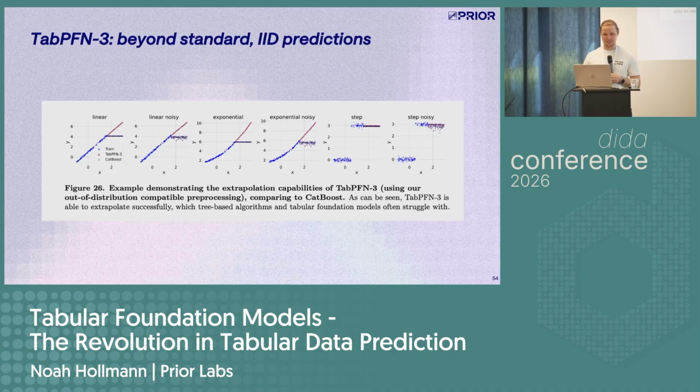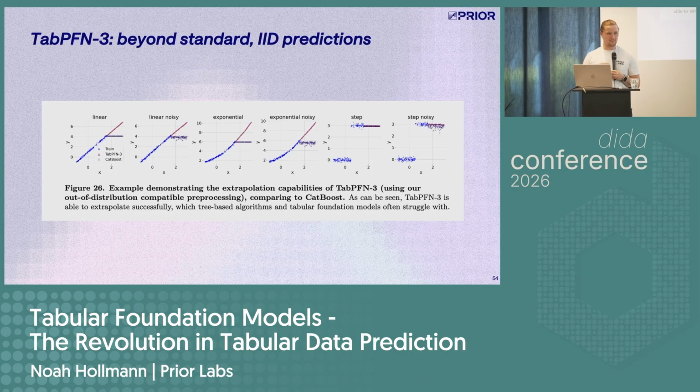Another one, and this one looks very simple, is extrapolating trends, right? If you think about the housing data set again, maybe you get a house now that is 10 times larger than any that you would have seen before. Now, a tree-based model basically cuts off at the end of that distribution, and really any model has problems going out of distribution and even extrapolating these very simple trends, right?